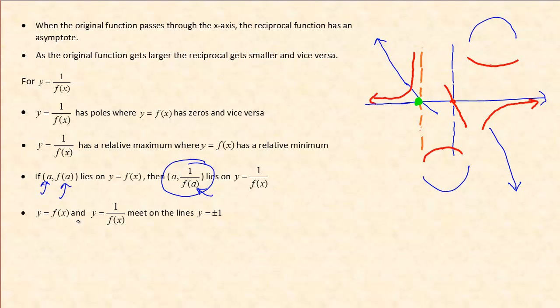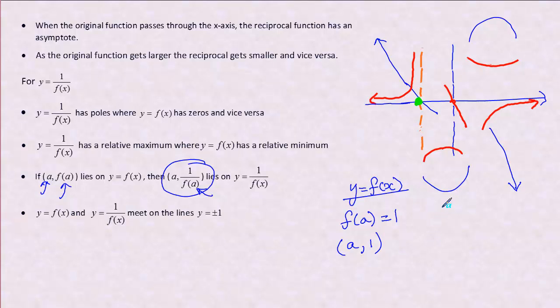Y equals f of x and y equals 1 over f of x meet on the lines y equals positive or negative 1. This is reasonably straightforward again. If you think about y equals f of x, if there's some particular value a such that f of a is equal to 1, then we have the point a, 1 on y equals f of x.